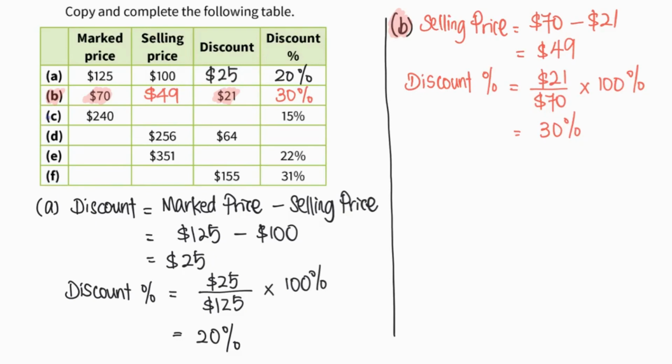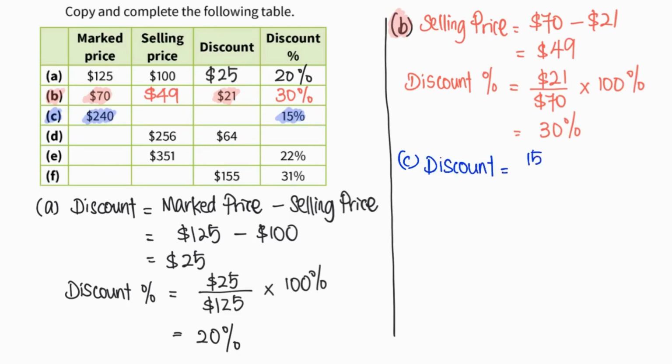Next question, part C. We are given the discount percentage and the mark price. There are quite a number of ways that we can approach this question. I'm going to find the discount first, because that is straightforward.